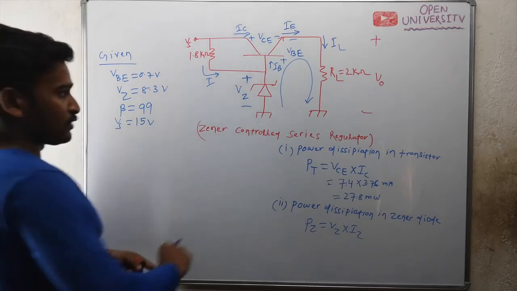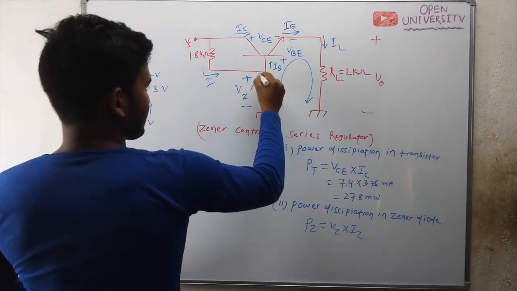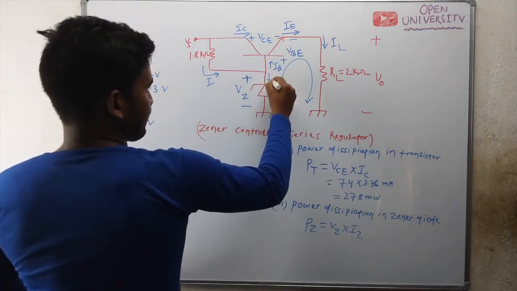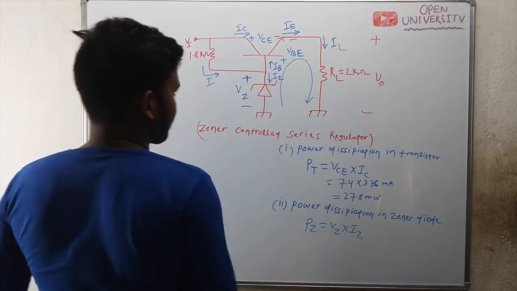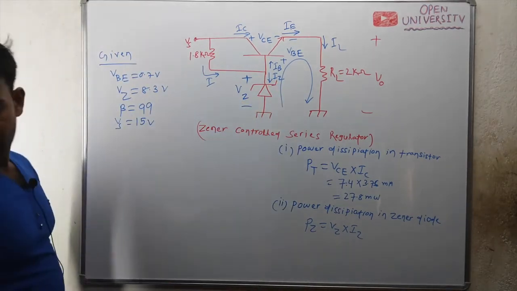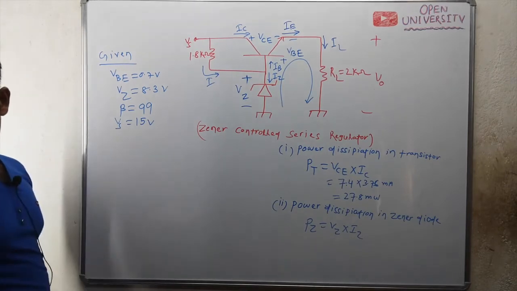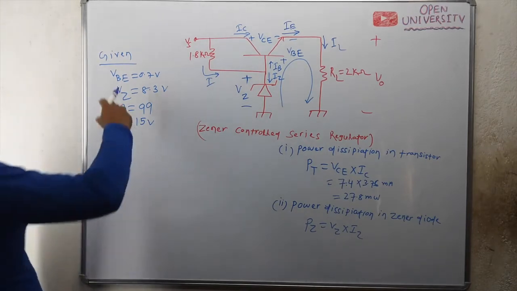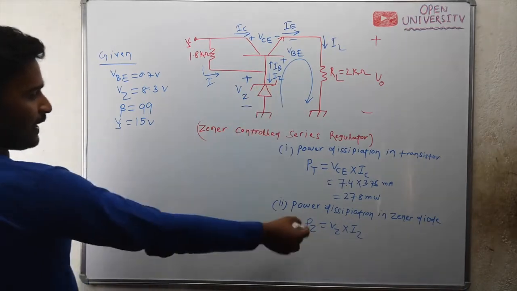Let IZ be the current through the Zener diode. VZ is known; the value is given to be 8.3 volt. I require IZ.